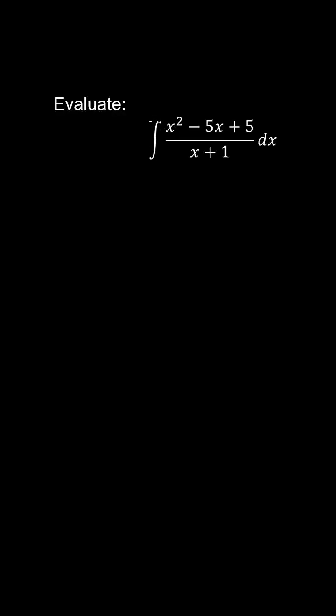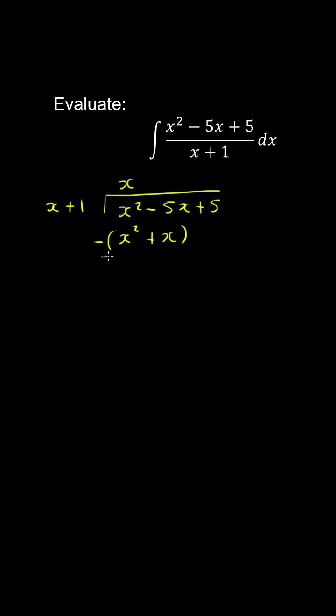Let's evaluate this integral. So we have the polynomial in the numerator having a higher degree than the polynomial in the denominator. So what we can do is use polynomial long division to simplify this integrand. So x into x squared goes x times, by x is x squared, and 1 by x is x.